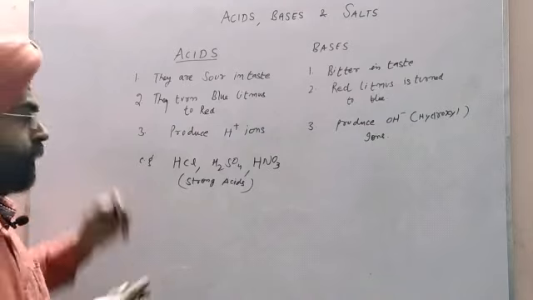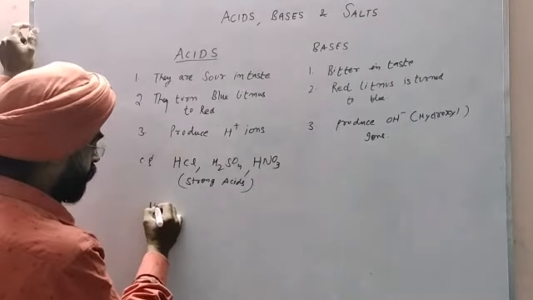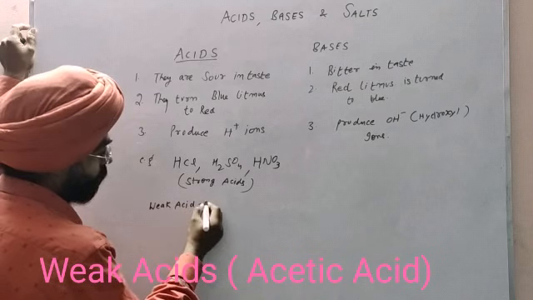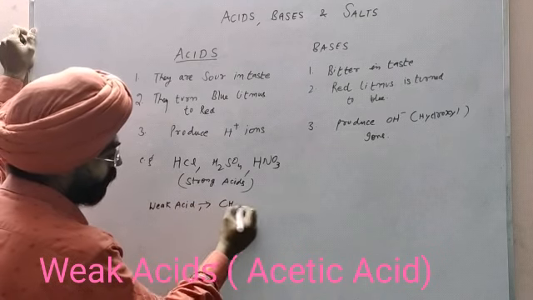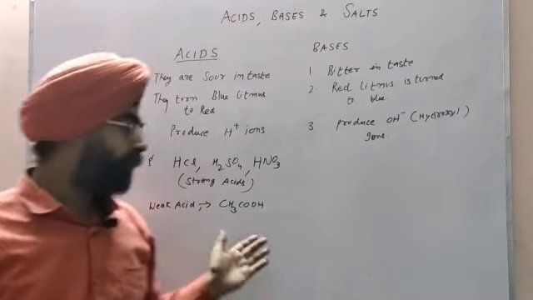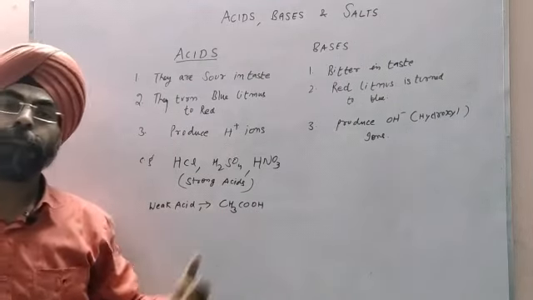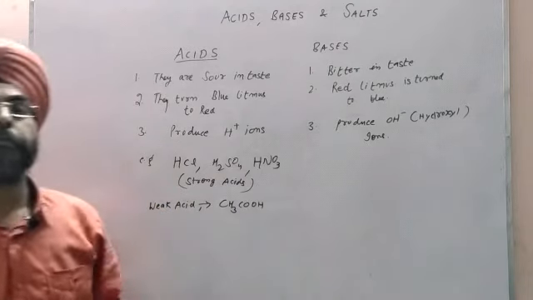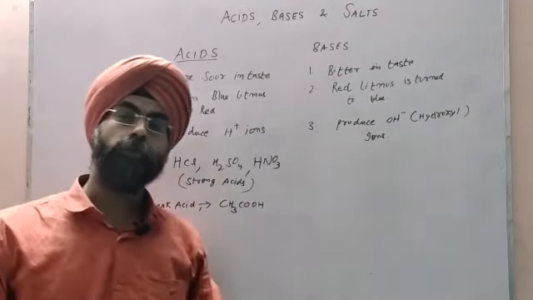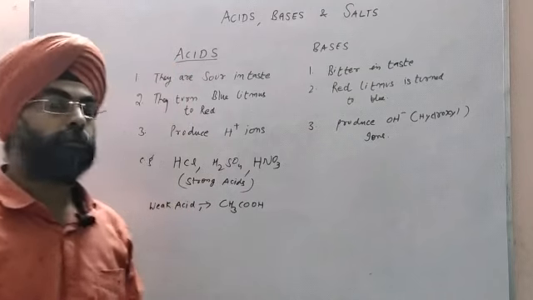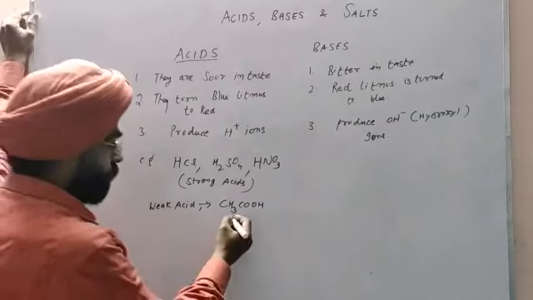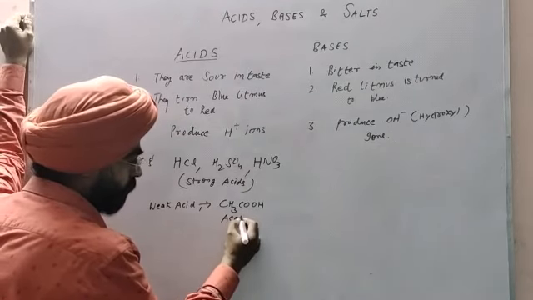And we also have weak acids. Example of weak acid is ethanoic acid, or in general we also know this name as acetic acid, or in the common person's name I can say it is vinegar. Vinegar is used in some foods like chow mein to make the food sour in taste.